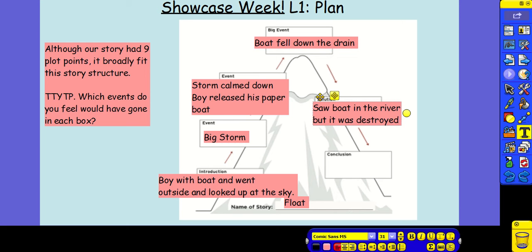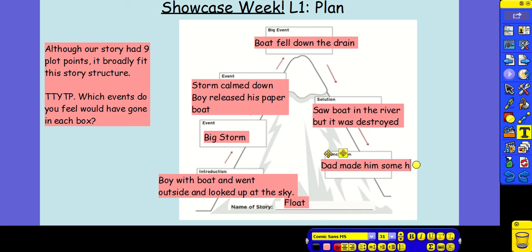Okay, so it was a solution to his problem. It wasn't a happy solution, but it was a solution. But then our conclusion was happy because he went home and he saw Dad, and Dad was really kind to him and dried his hair and made him some hot chocolate. So that was the outline of our story as it fits into our story mountain.